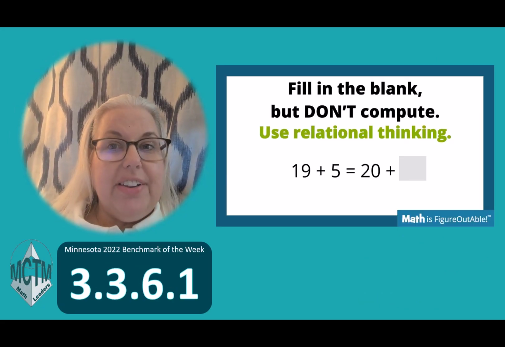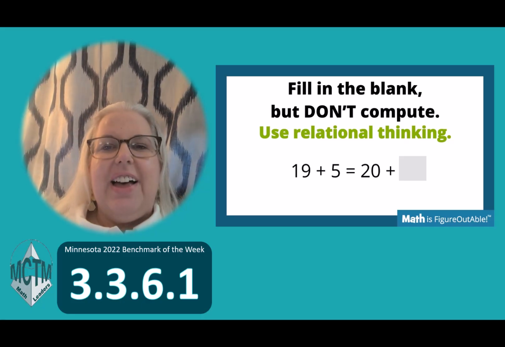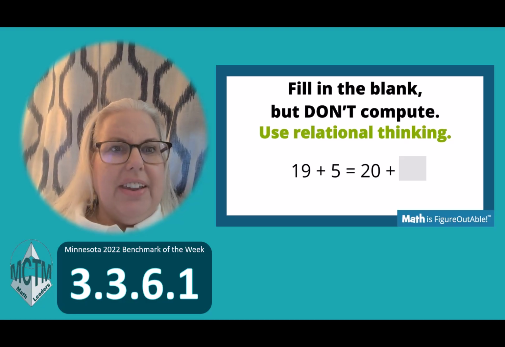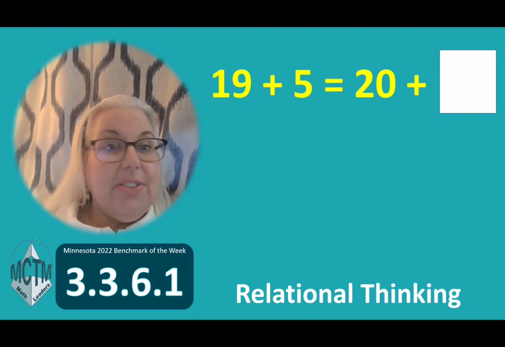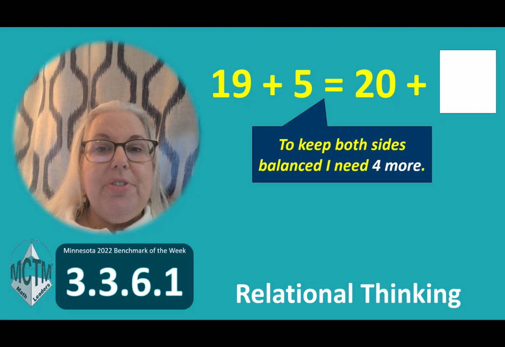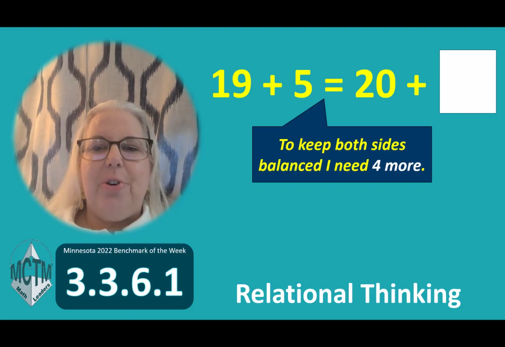Here's how Pam Weber Harris says it. All of her relational thinking prompts, and I've linked to it in the description down below, say fill in the blank, but don't compute. Use relational thinking. So what does relational thinking look like? Well, let's look at this problem again with some other students who did it correctly. A student might say, to keep both sides balanced, ooh, that word balance is really key, I need 4 more.